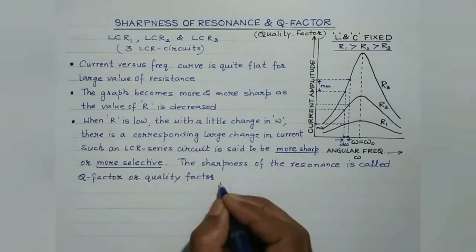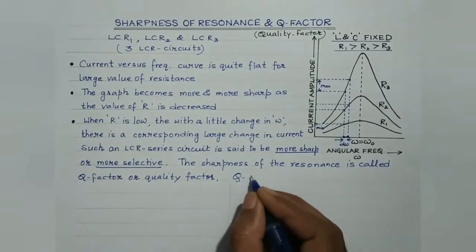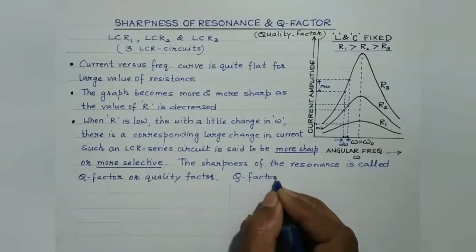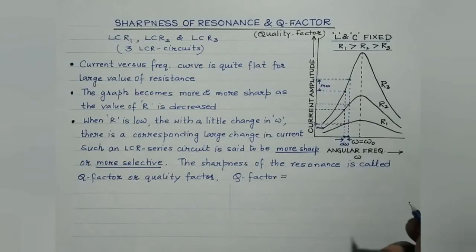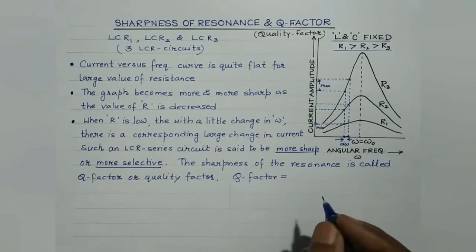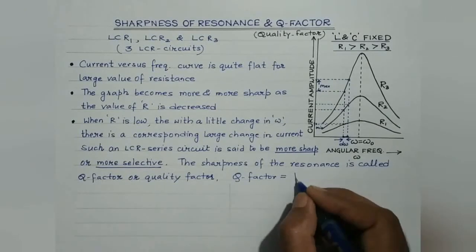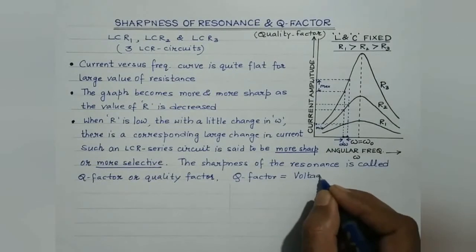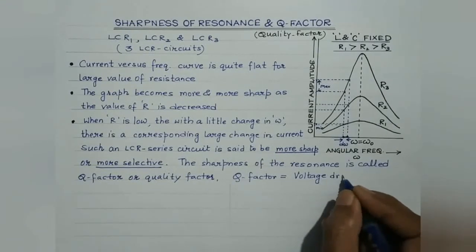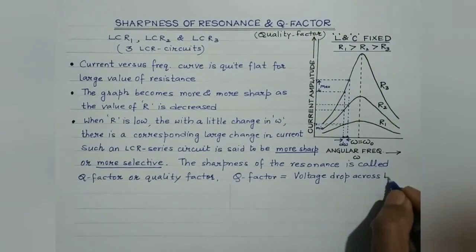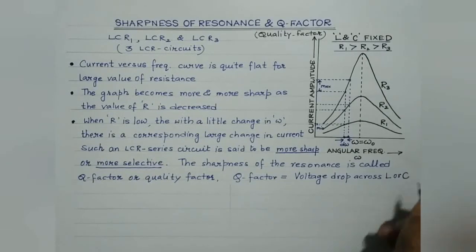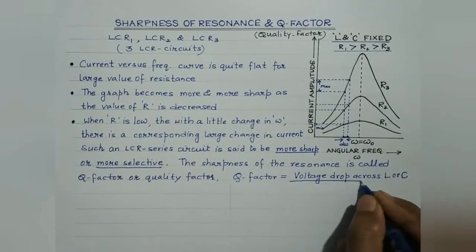Now students, mathematically, at resonance, it is defined as the voltage across the inductor or the capacitor divided by the applied voltage. That is, the Q factor of a resonant LCR circuit is defined as the ratio of the voltage drop across L or C, across the inductor or capacitor, to the applied voltage.